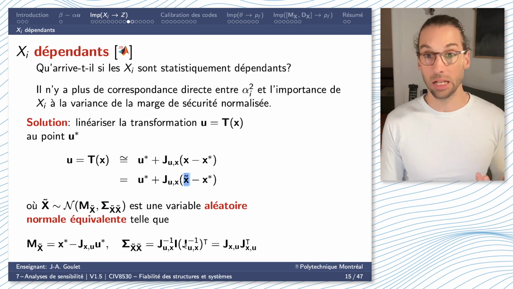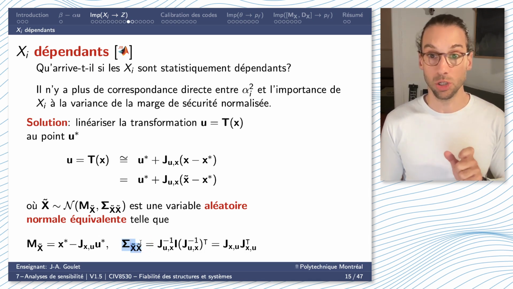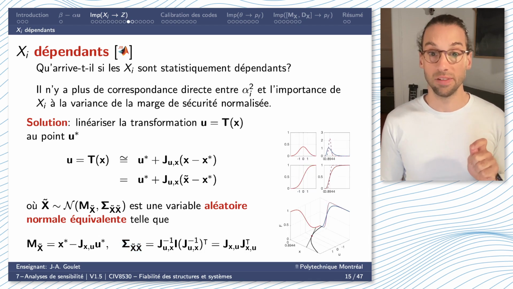So basically that boils down to simply the Jacobian of x with respect to u, and the same thing transposed. By simply multiplying these two Jacobians, I'm going to have my equivalent covariance matrix, and I'm going to be able to use its decomposition to obtain a sensitivity matrix.